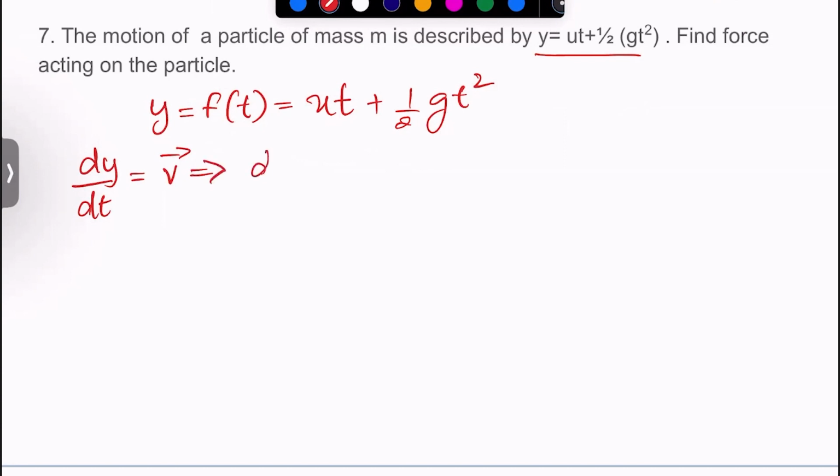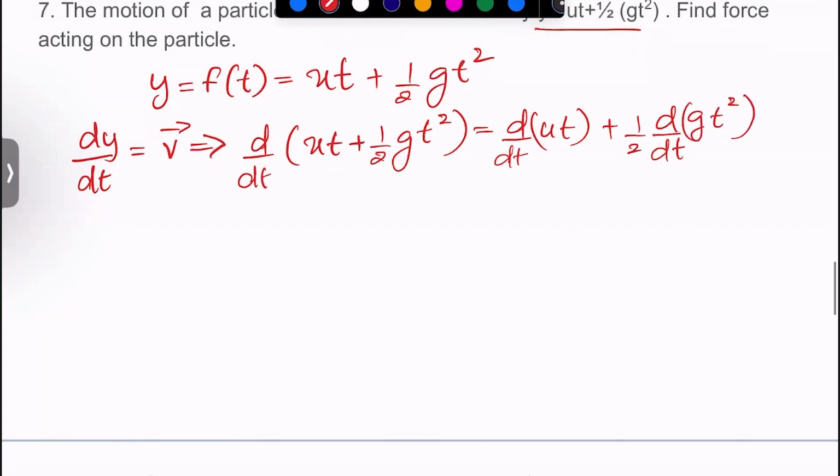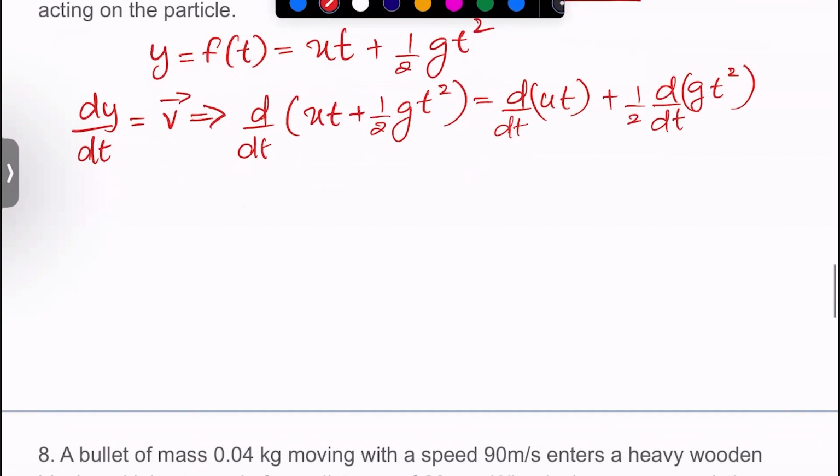So velocity can be determined as dy by dt. Here you have to take d by dt of ut plus half gt squared. That is equal to d by dt of ut plus half into d by dt of gt squared. u and g are constants because we are differentiating with respect to time.